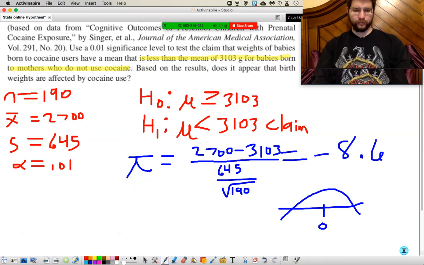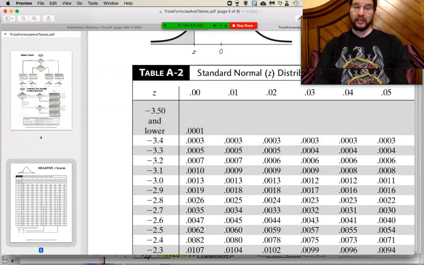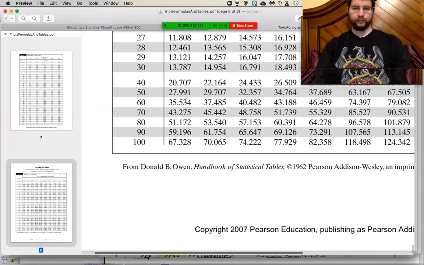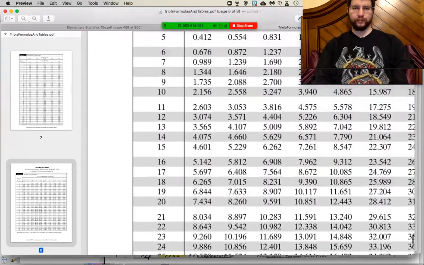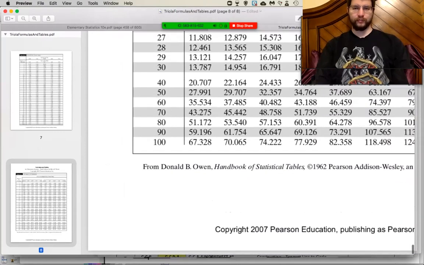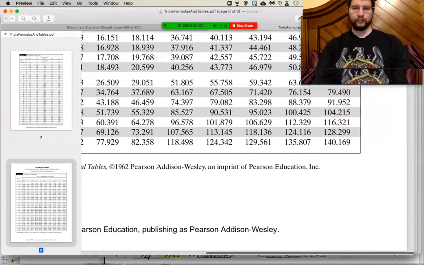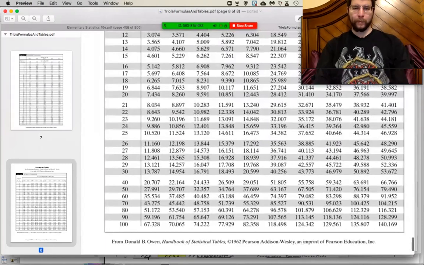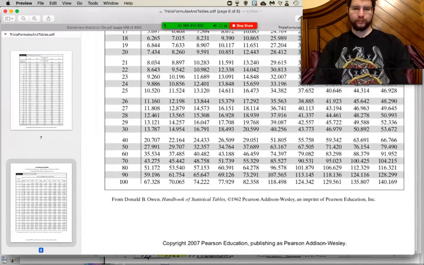Find the critical value. Alpha is 0.01, one tail. N is 190, so we're going to go for 189 degrees of freedom. They're not going to have that exact one, so whatever's closest. Let me get a different chart.